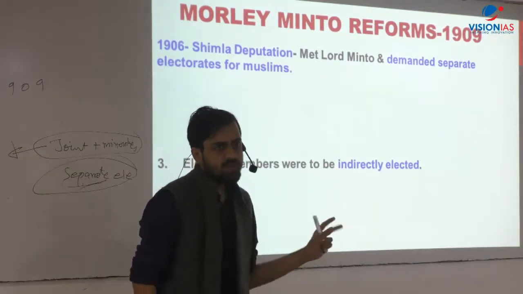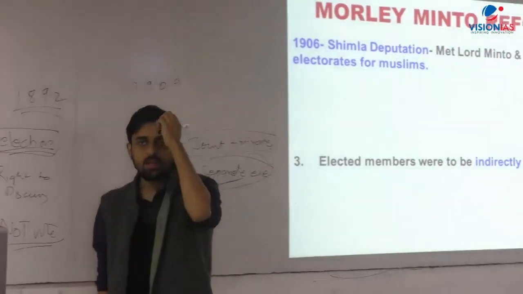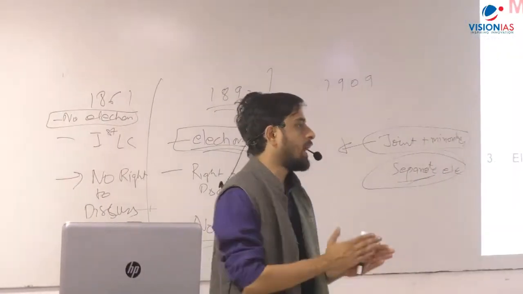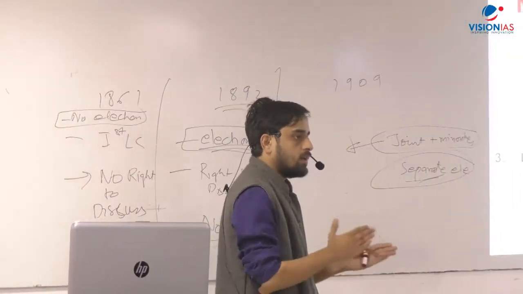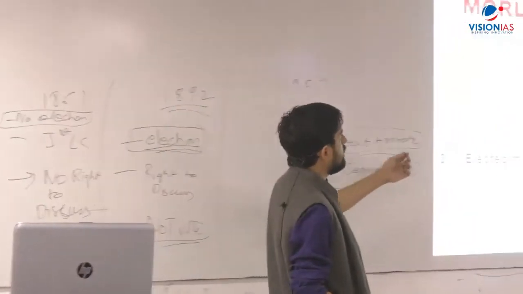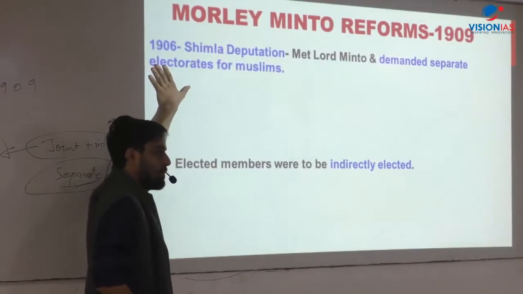So in many ways this was unacceptable to the Congress, because the Congress was of the opinion that separate electorate was an active strategy of dividing the Indian masses along religious lines.